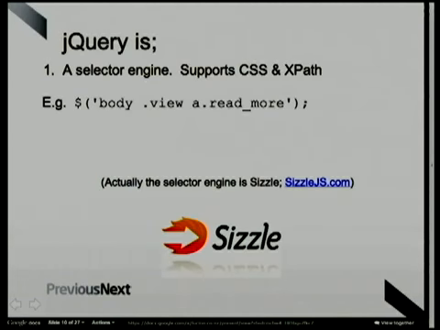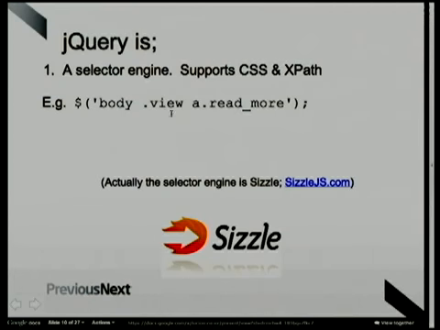It's actually made up of 2 parts. A selector engine, which can understand CSS selectors to find an element on the page or in the DOM. The selector engine also supports XPath, which is, if you like, an alternate syntax for CSS, but it has different applications.